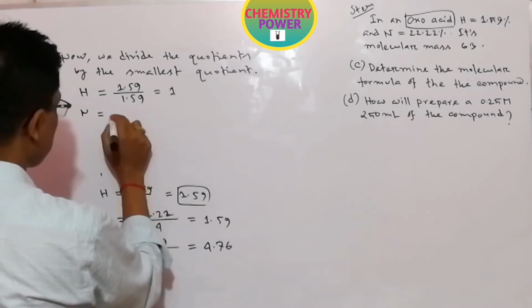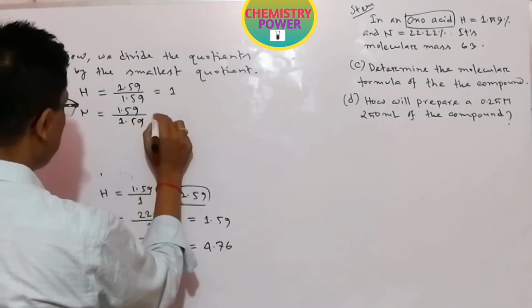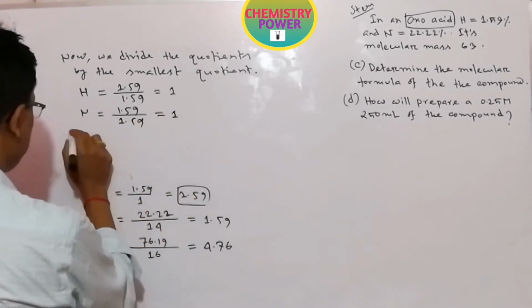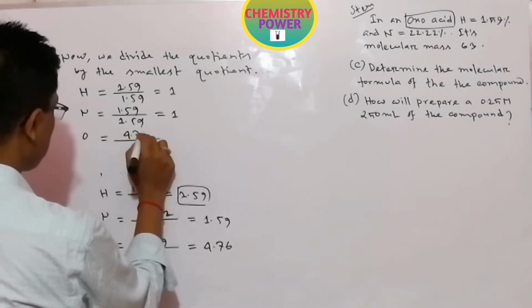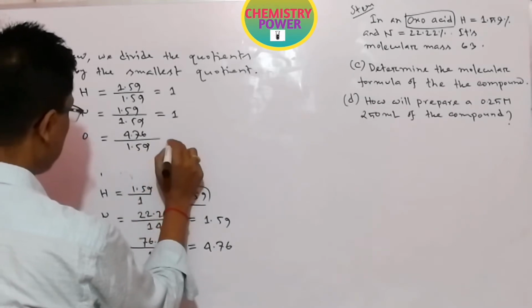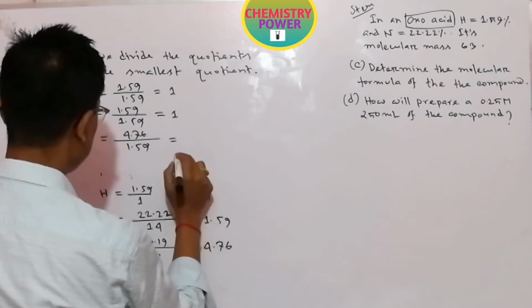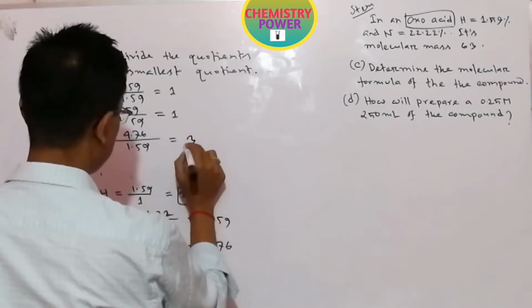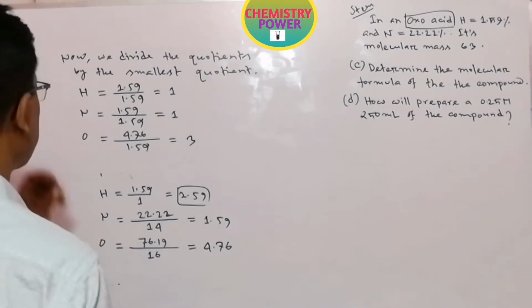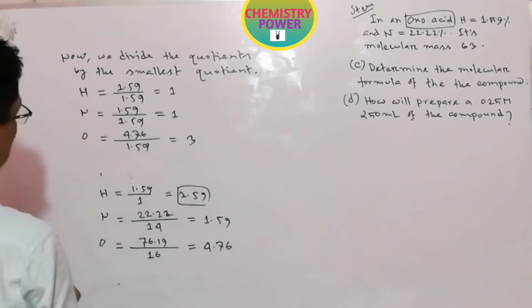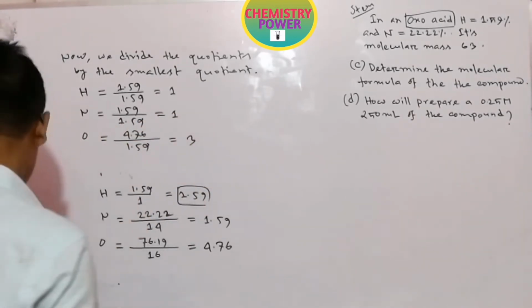Nitrogen, 1.59 divided by 1.59, that means 1, and also oxygen, 4.76 divided by 1.59, that means 3. So we can see that the ratio of hydrogen, nitrogen and oxygen atoms is 1:1:3.